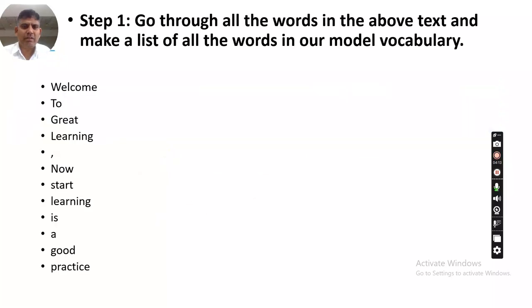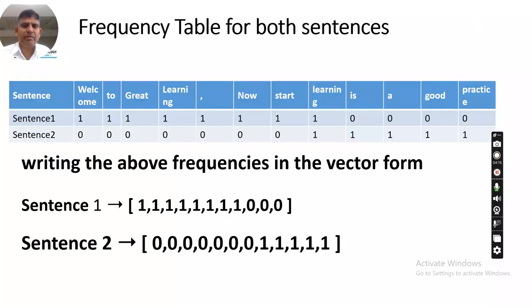In the second step we have to write down the frequencies. In sentence 1, welcome appears once, so we write down 1 here. To appears once, so we write down 1 here. Great appears once, we write down 1 here.